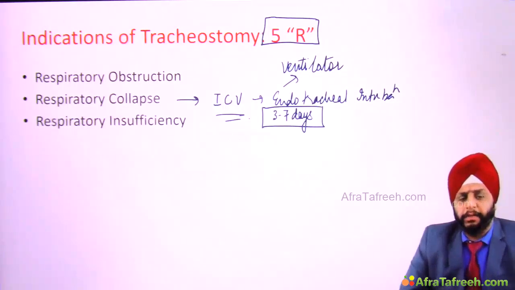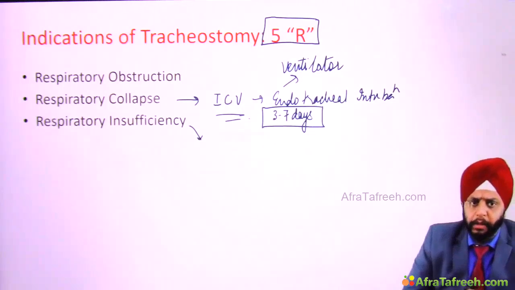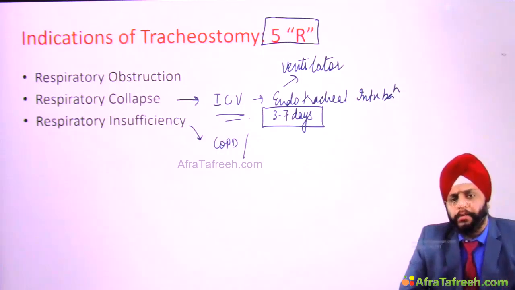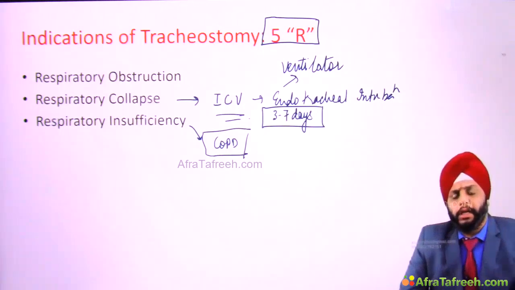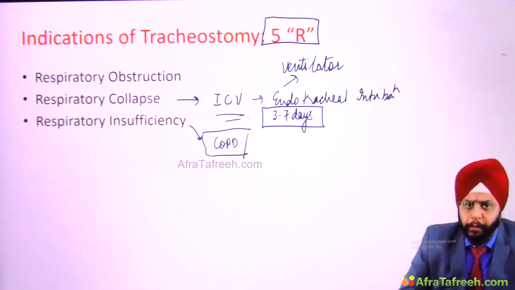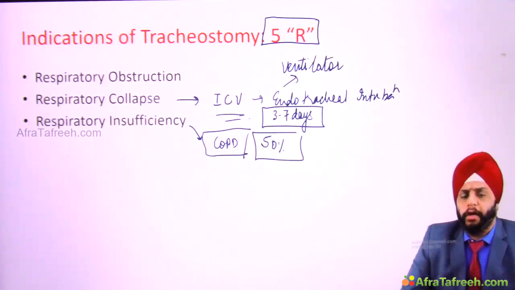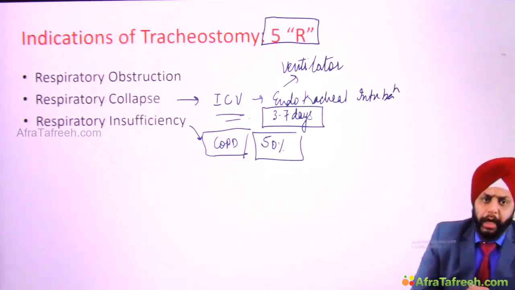The next is respiratory insufficiency. So what do I mean by respiratory insufficiency? Patients of COPD. What happens in them? Now, in patients of COPD, let's say a few of the alveoli are not working. Let's say 50% of the alveoli have collapsed, I'm just assuming.